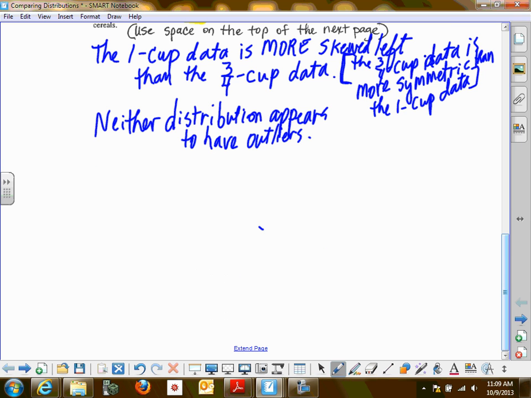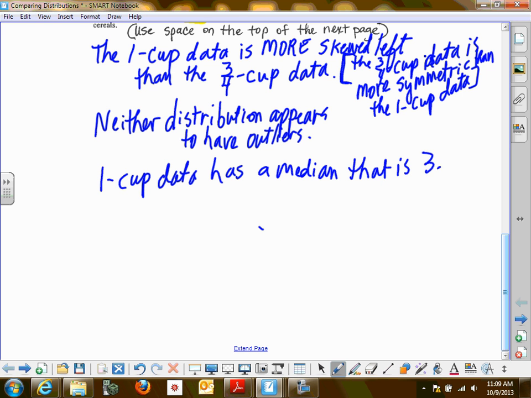The 1 cup data has a median that is 3 grams higher than the 3/4 cup data.